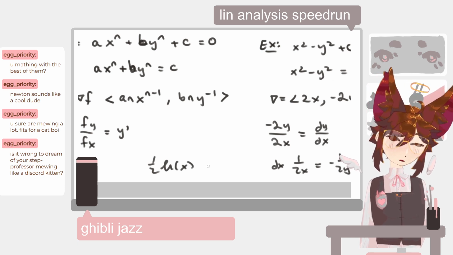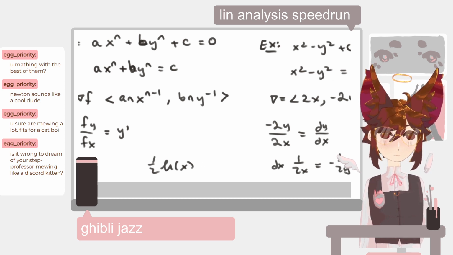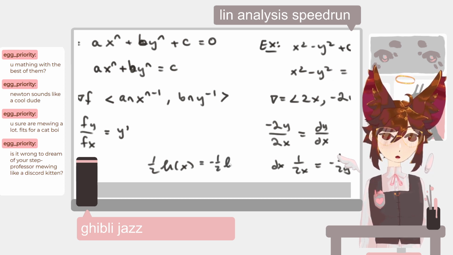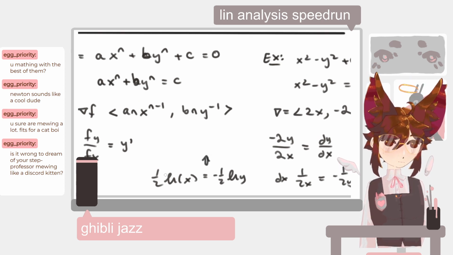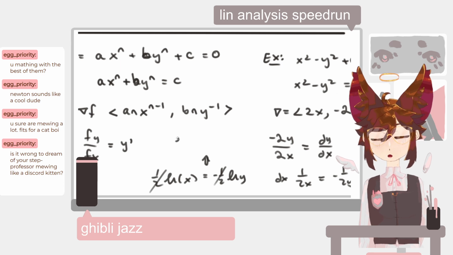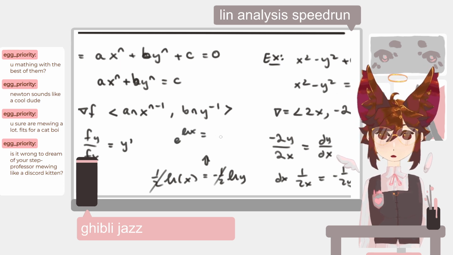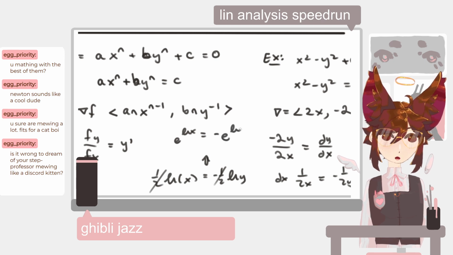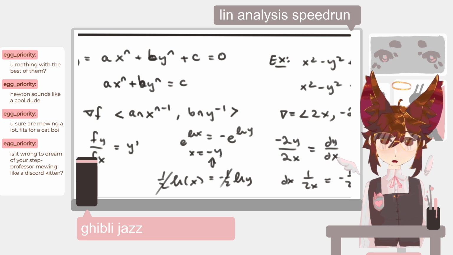A little easier to do. And then equals negative 1/2 ln of y. So we do that. Get rid of the 1/2s. e to the ln of x equals negative e to the ln of y. Now we're really, x equals negative y.